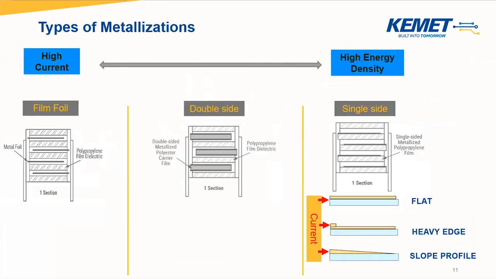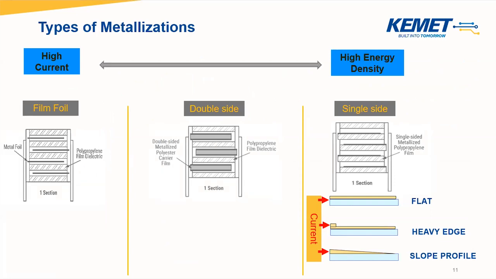Of course, the metallization is always a compromise. At this point, we could say, okay, we keep the metallization very thin so that we can improve the self-healing capability. But of course, the metallization has an impact on the current capability. The metallization is part of the electrode of the capacitor, and so you can imagine that the thicker the metal is, the lower the ESR will be.